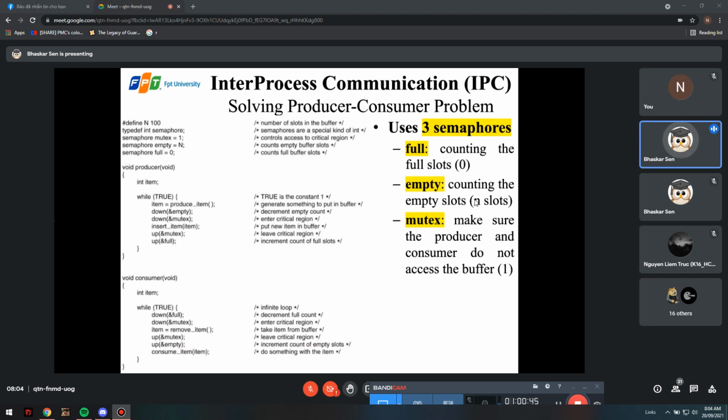You don't have to go that far, but conceptually, you must be clear what semaphore is. Semaphore is literally a signaling system. Semaphore has two states, up, which basically comes from the wake-up call, and down, which basically gives a sleep call.